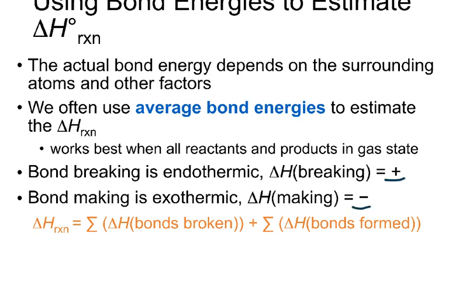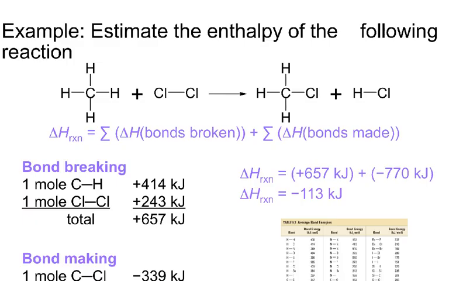And so overall, another way to look at the delta H of the reaction is by adding up all of the bonds broken, which are all going to have a positive sign, and adding up all of the bonds formed, which are going to have a negative sign, to get you your overall delta H of the reaction.